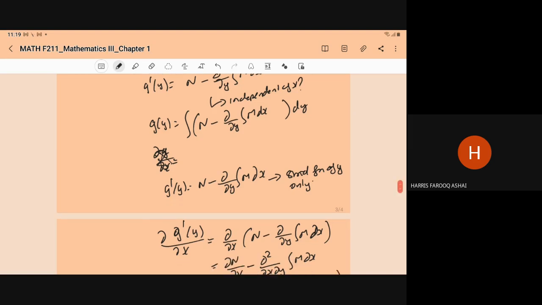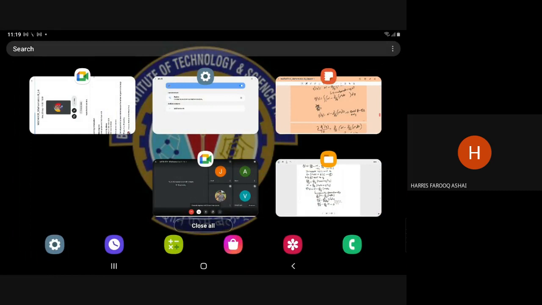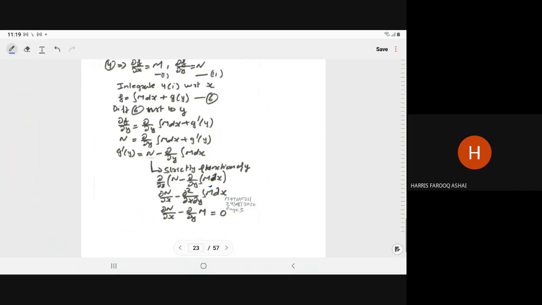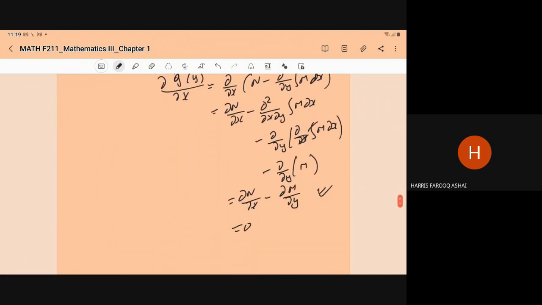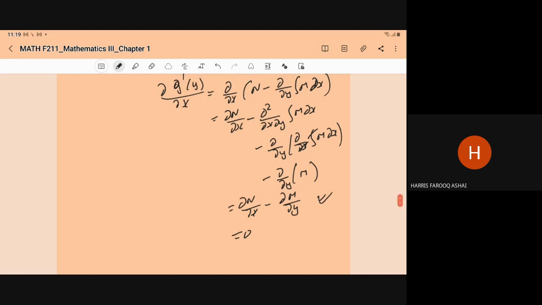Sir, can you scroll the solution down? Here first we have written del x del y in the denominator, then here we have written del y del x, because we know in calculus that del 2 divided by del x del y is equal to del 2 divided by del y del x.